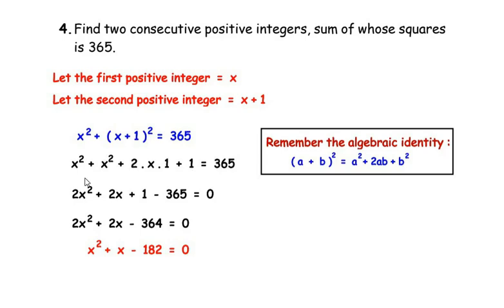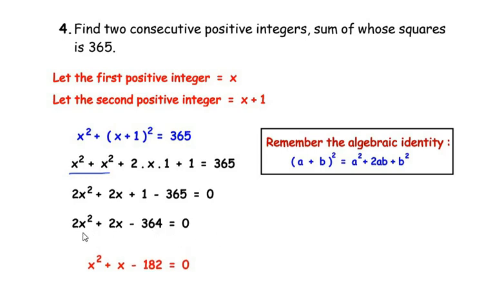Now simplifying this, we get x square plus x square, these both are like terms, so adding them together we get 2x square plus 2 times x times 1 gives us 2x plus 1. Now taking 365 on the left hand side, we get negative 365 equal to 0. Now further simplifying this, we get 2x square plus 2x plus 1 and minus 365 gives us minus 364 equal to 0.